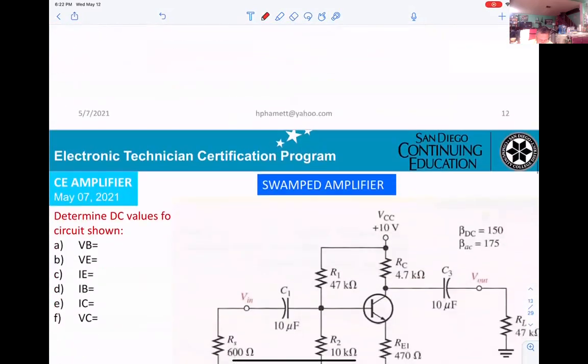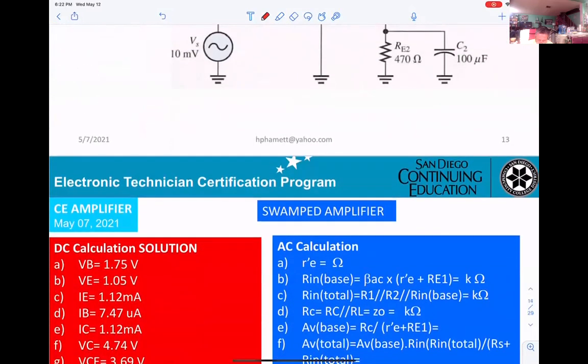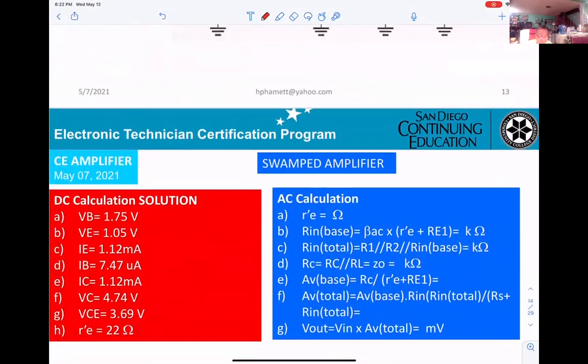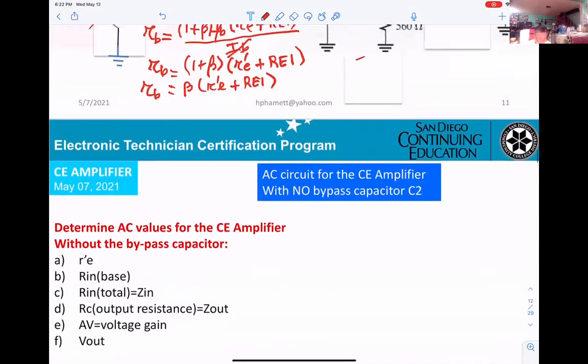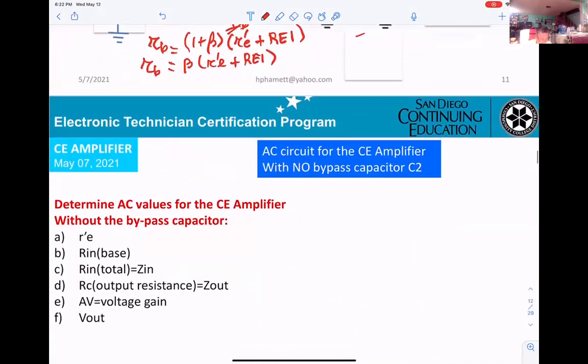Now, if you look at the one I gave you, this is the R in base here: beta times R prime E plus RE1. So that will calculate R in base here: beta times R prime E plus RE1.